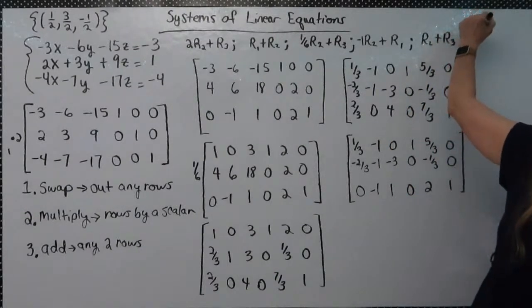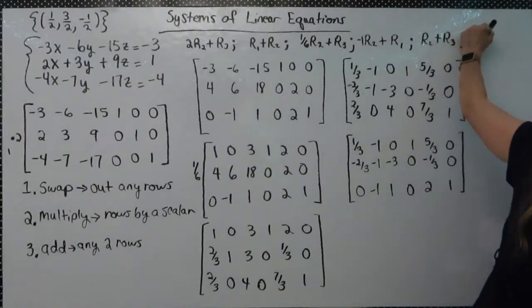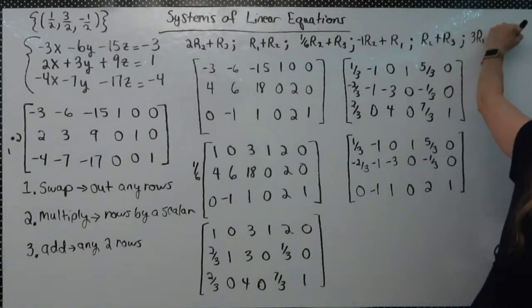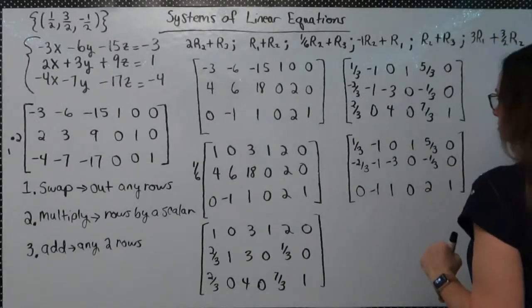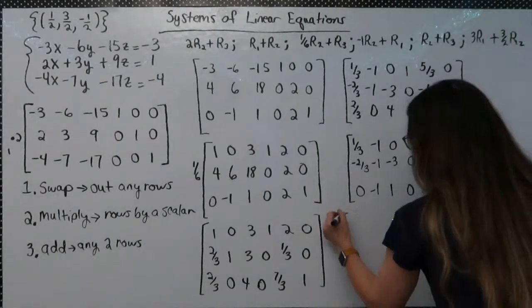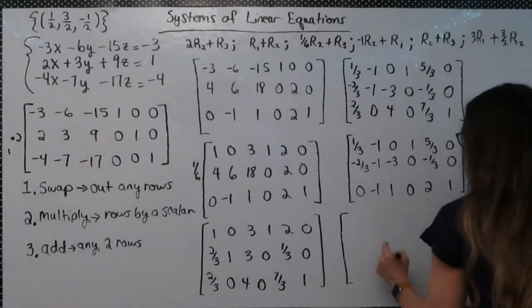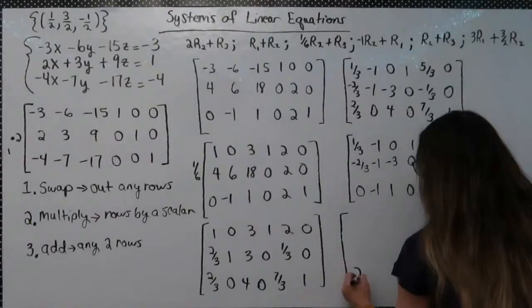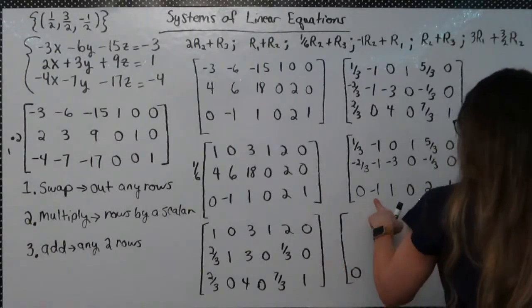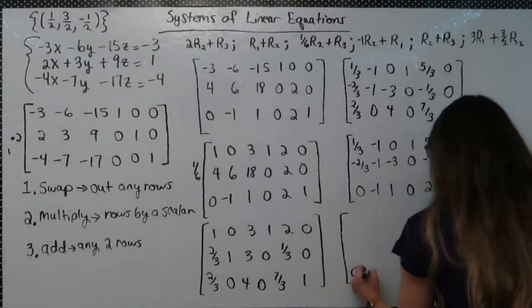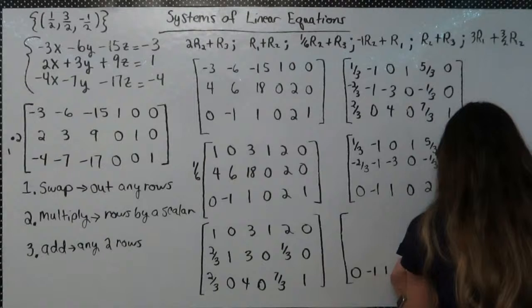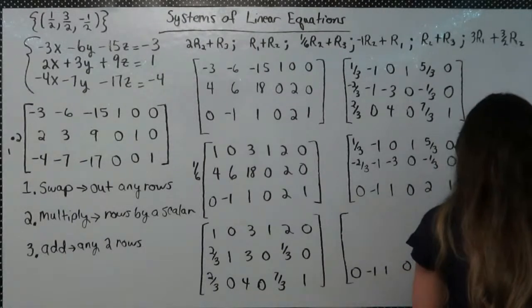So it's 3 times row 1 plus 3 over 2 row 2. And then I have to decide which one I want to replace. So we'll go ahead and rewrite row 3, -1, 1, 0, 2, 1.